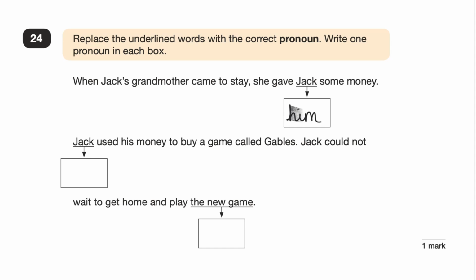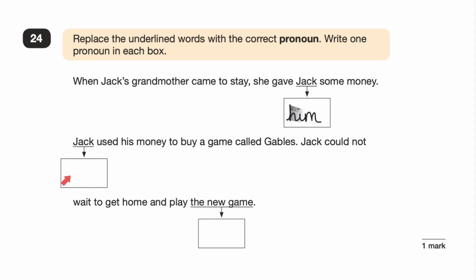I'm just going to leave that like that. Then we've got Jack used his money to buy a game called Gables. So again, him used money wouldn't make sense, would it? Now we're referring to Jack, so it would be he used his money to buy a game called Gables. And because this is a grammar and punctuation paper, we have a full stop, the start of a new sentence.